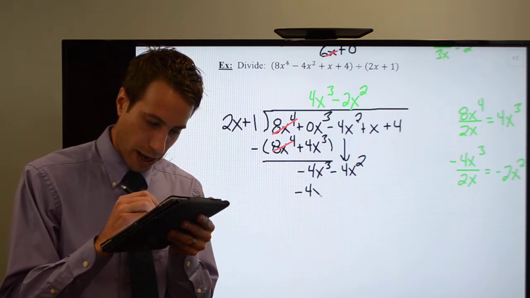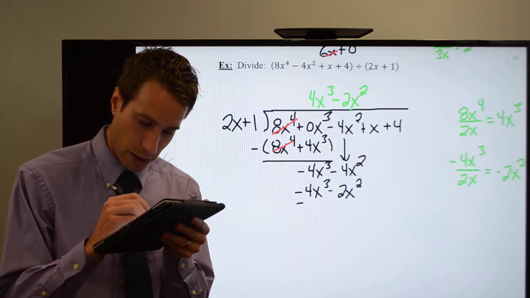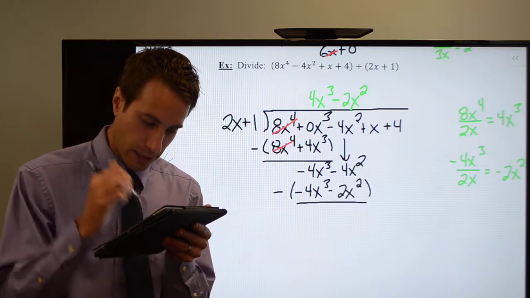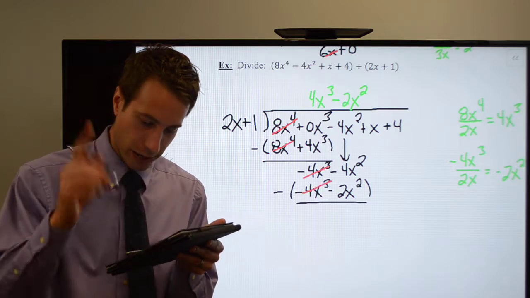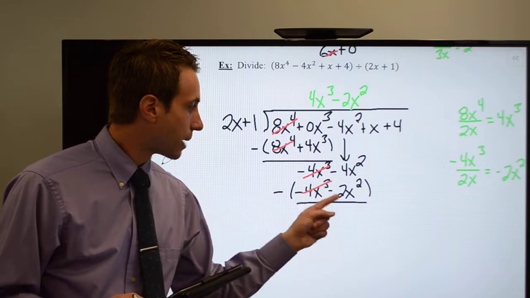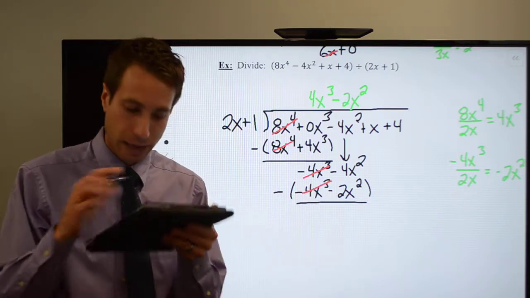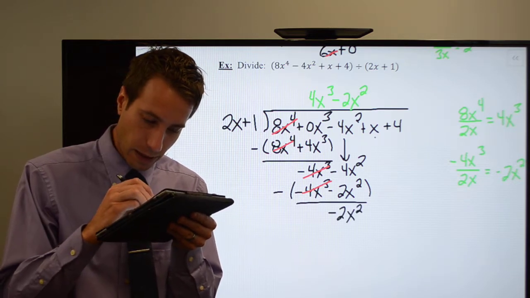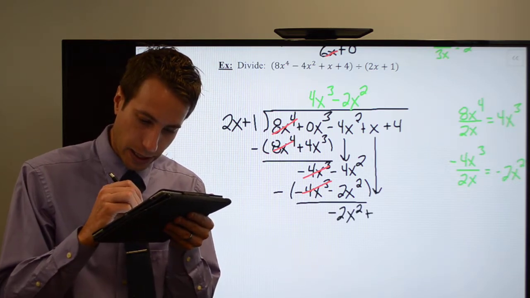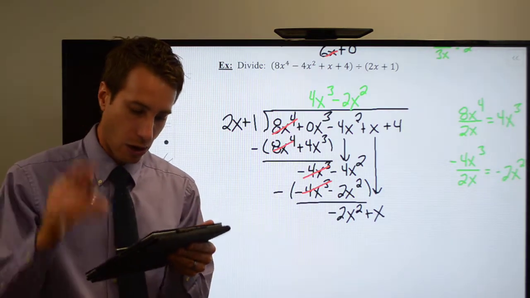Negative 4x cubed minus 2x squared. Subtract is step number 3. Leading terms drop out. They should. Negative times a negative makes that a positive, which means I'm going to be left with a negative 2x squared. And last, bring down.